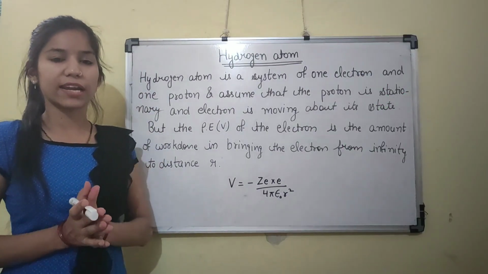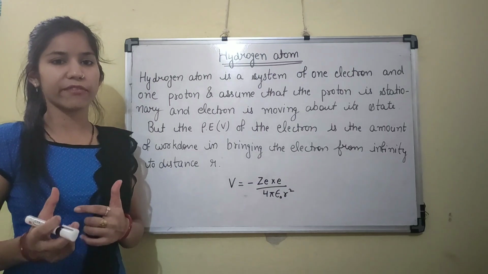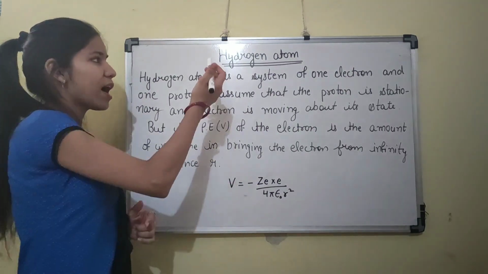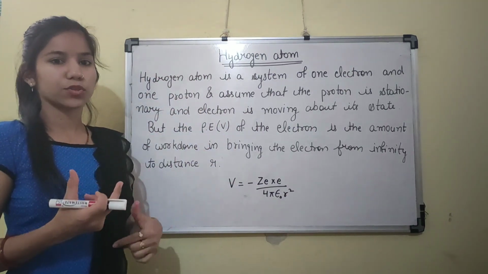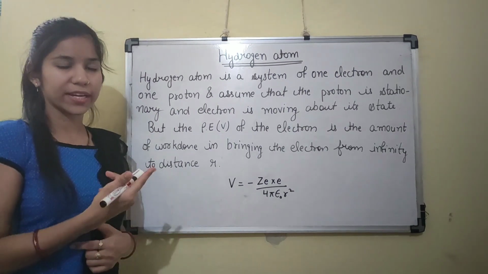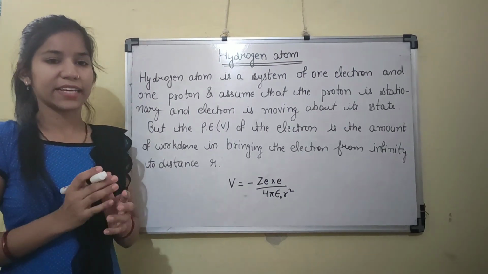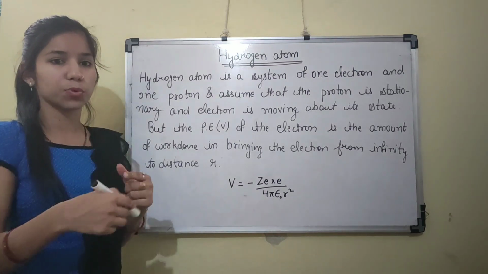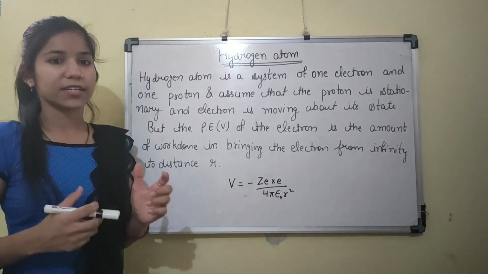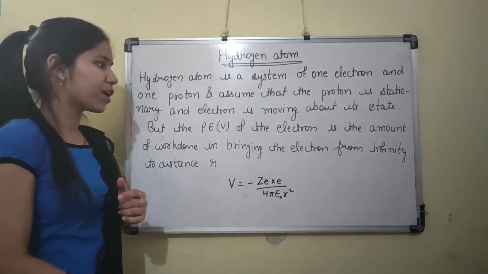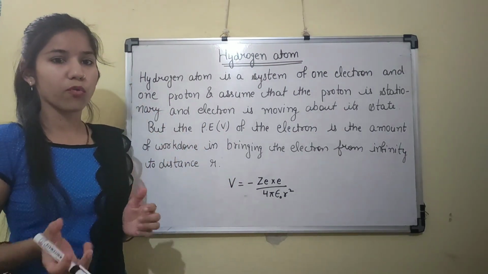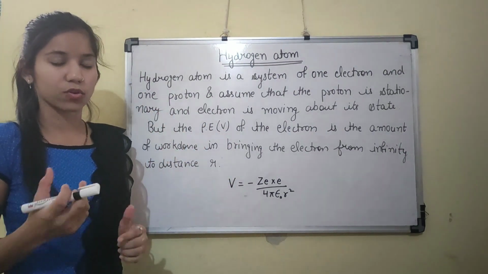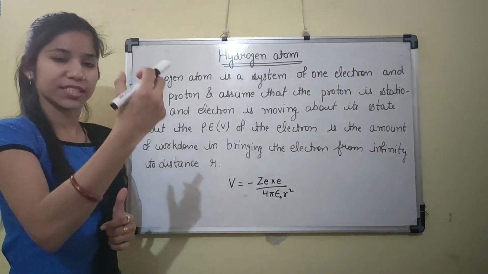In this video we are learning about the Schrödinger wave equation for the hydrogen atom. The hydrogen atom is a system of one electron and one proton, and we assume that the proton is stationary and the electron is moving about it. The potential energy of the electron is the amount of work done in bringing the electron from infinity to a distance r.